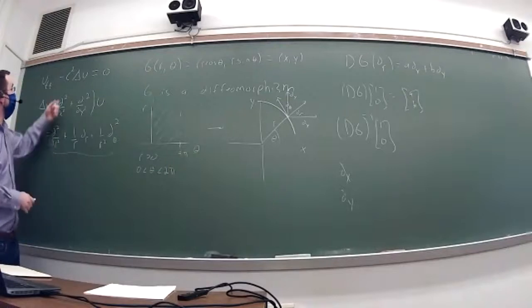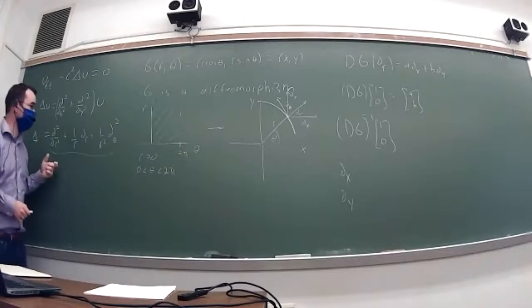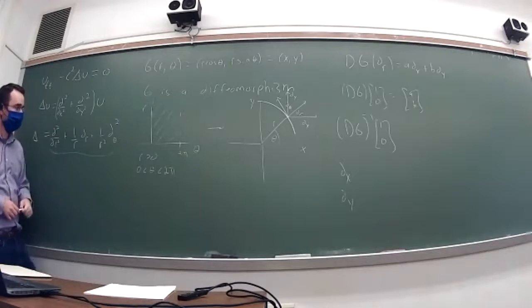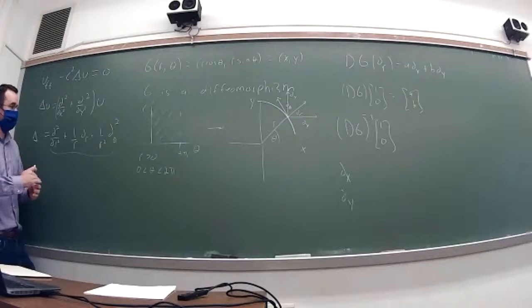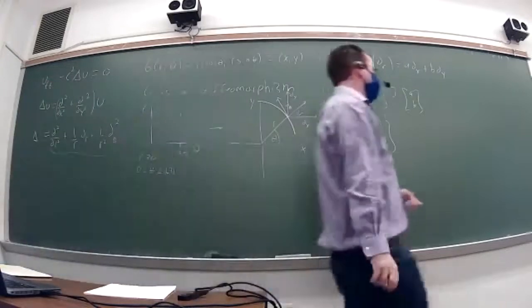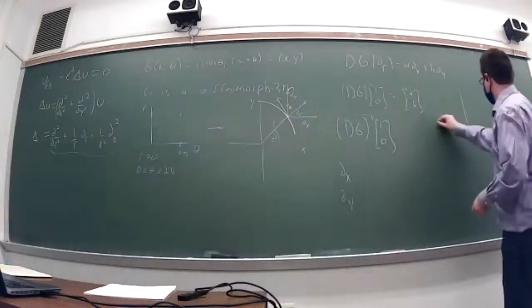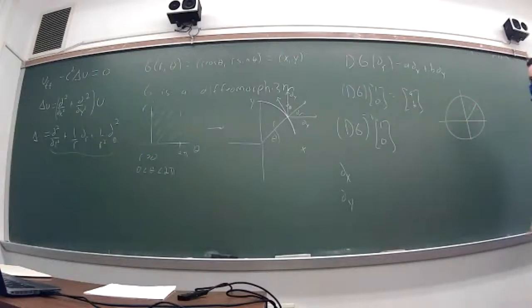And now function u is u of t, x, y, or in polar coordinates, u of t, r, theta, polar spatial coordinates. And this still represents the vertical displacement of the drumhead. So you can kind of imagine a circular drumhead of radius 1 in the plane.